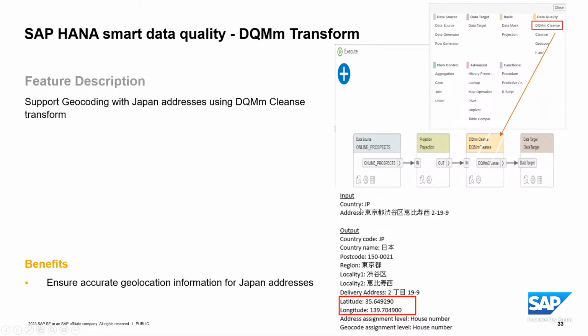With this input data, we can generate the latitude and longitude, so we can give accurate geolocation information for Japanese addresses. This was not supported in DQMM cleanse before. Now we are supporting it with this new enhancement.